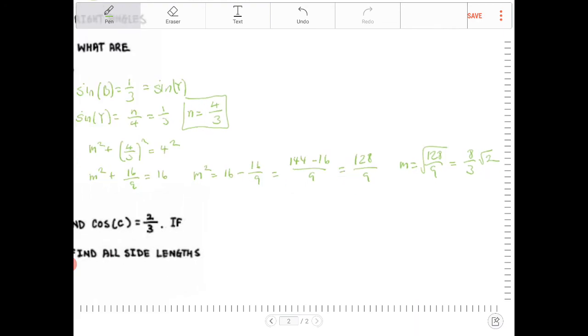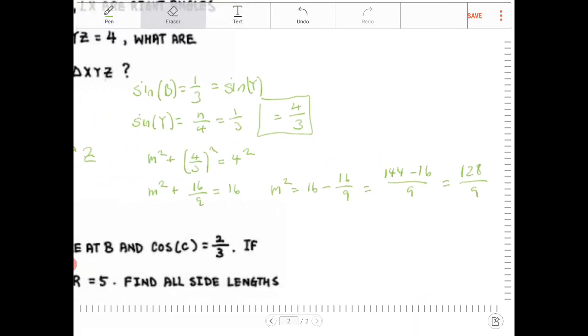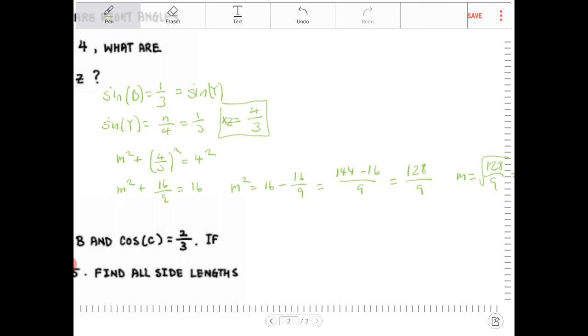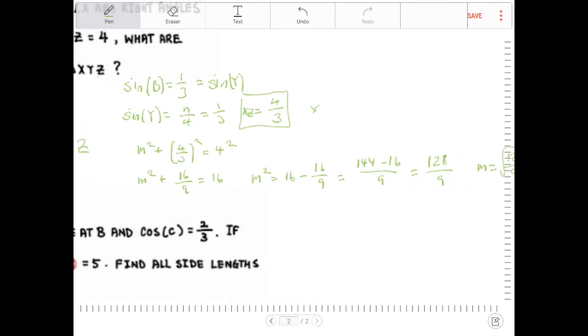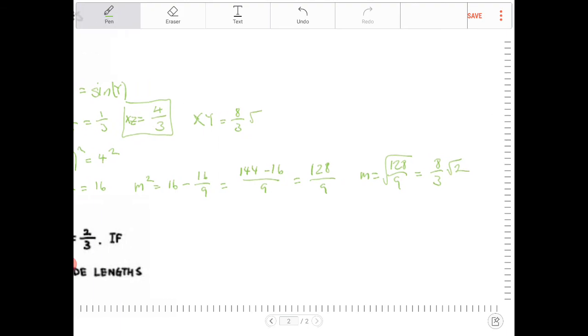So in other words, XZ is 4/3, XY is equivalent to 8/3 radical 2.